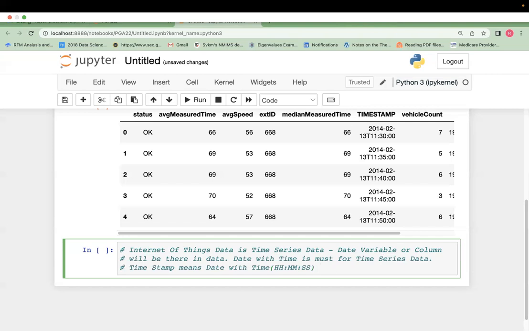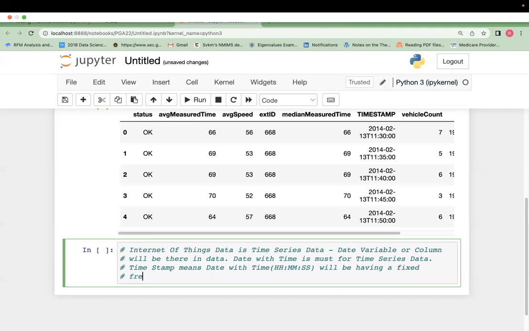Now the timestamp will have a fixed frequency, like 5 minutes, 60 minutes, day, week, month, etc. A timestamp can be as small as 5 minutes, or even 1 minute.